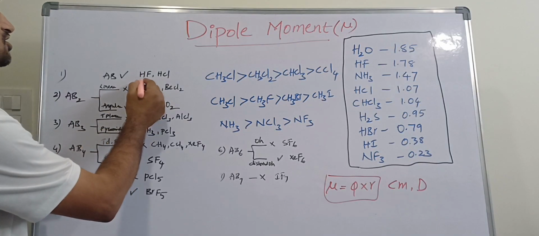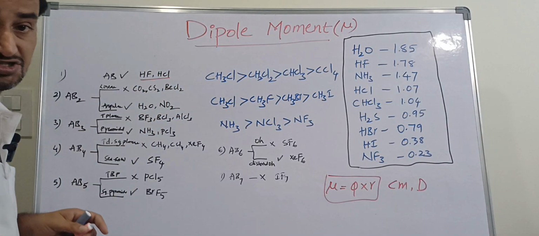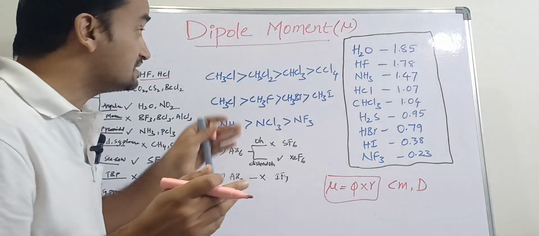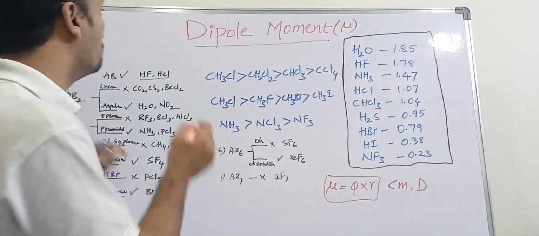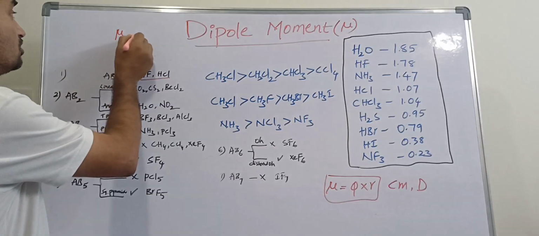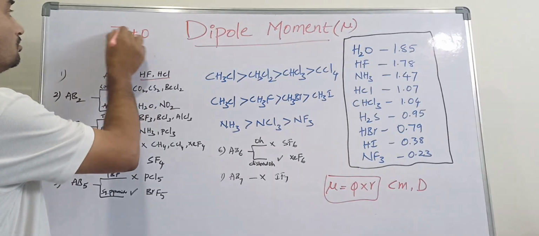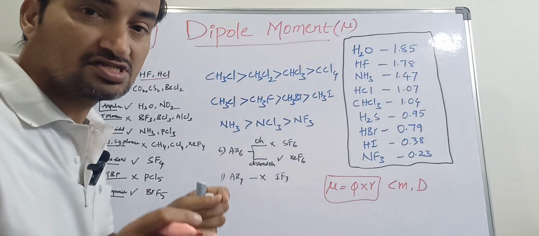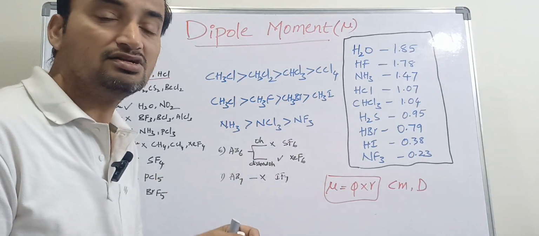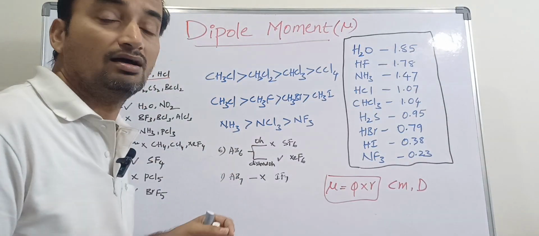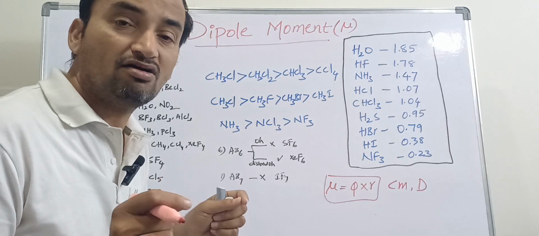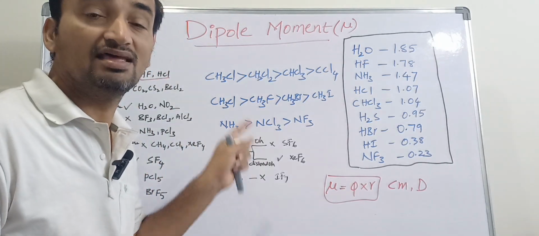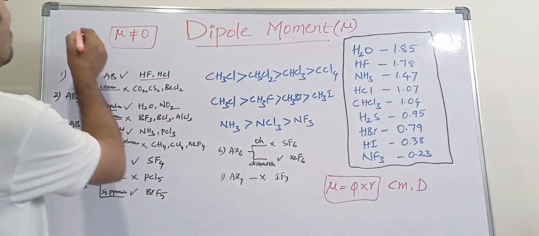All these, HF, HCl, HBr, HI, will possess dipole moment. That means mu is not equal to 0. The molecules which possess dipole moment, where the dipole moment is not equal to 0, are said to be polar.